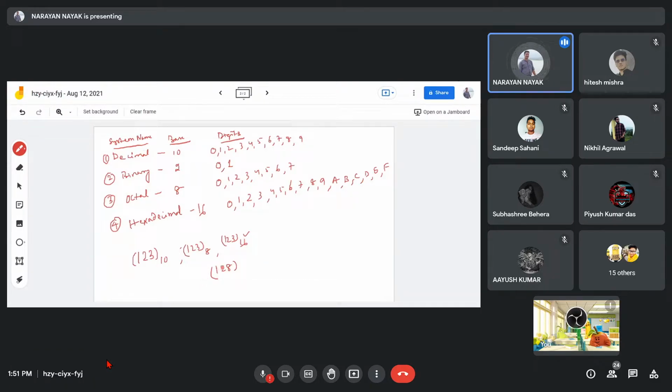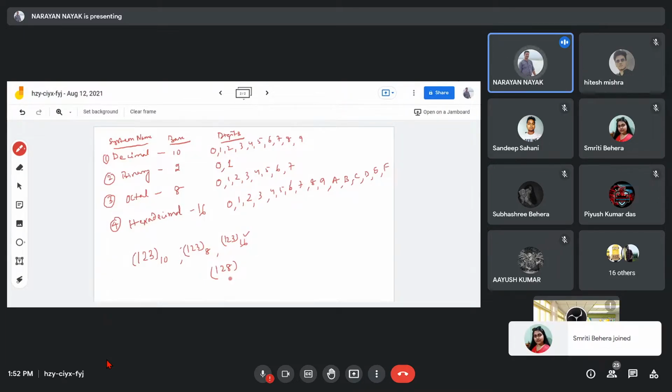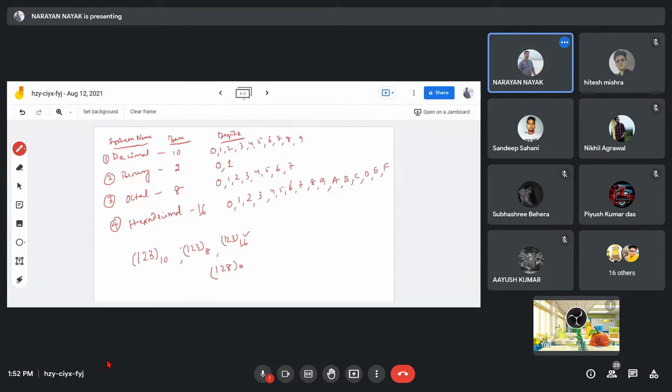Suppose I ask which systems you can represent here. If it is 128, you can represent it in decimal. Right. Binary you cannot do, because binary requires only 0 or 1. Octal, can you do octal?